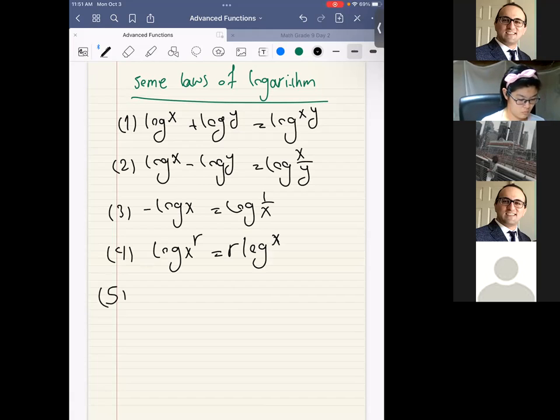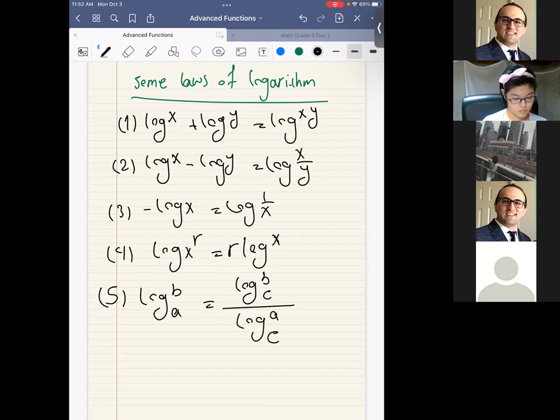And fifth, log of b with base a is equal to log of b with base c divided by log of a with base c, and we can use natural logarithm: ln of b divided by ln of a.